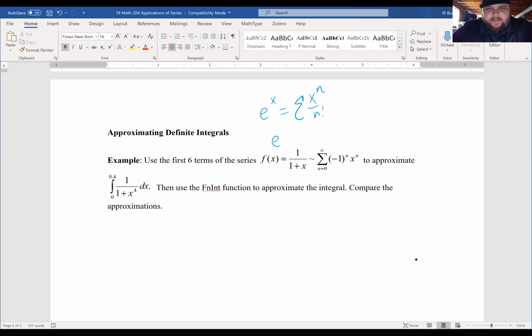And then we did e to the minus 5x, and it just became minus 5x to the n over n factorial. So it was like we just replaced the x, right? Well, if we've got 1 over 1 plus x and we need x to the 4th, let's just put x to the 4th there and x to the 4th there.